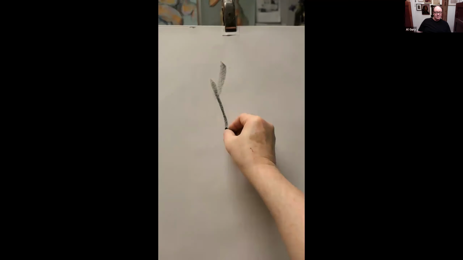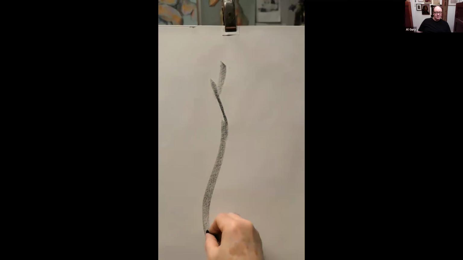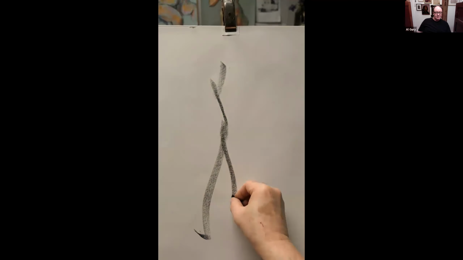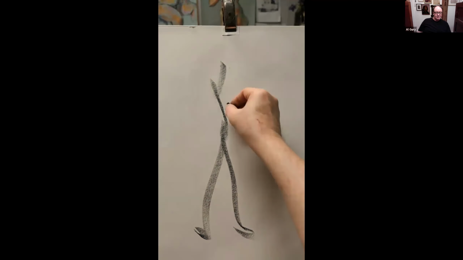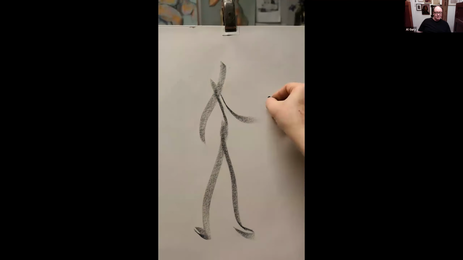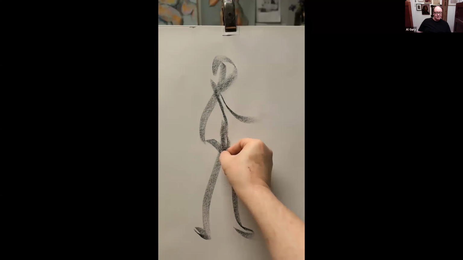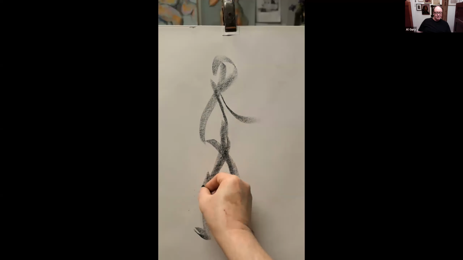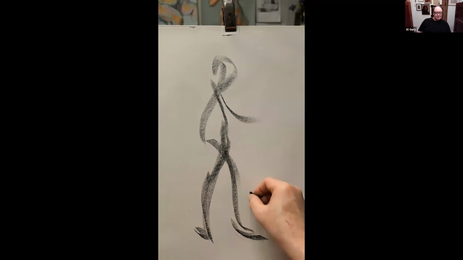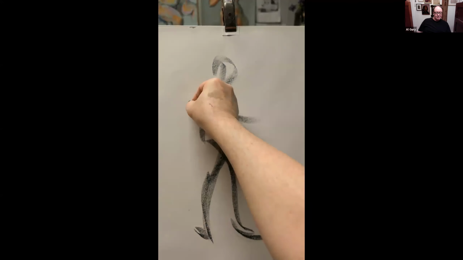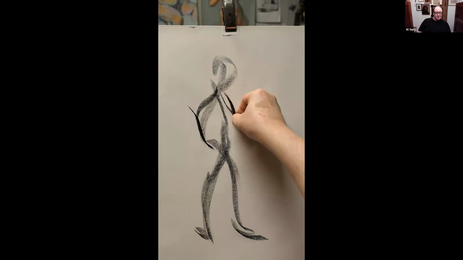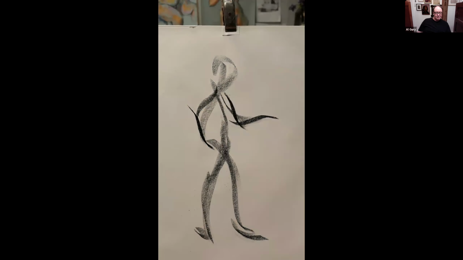If we take a look at the gesture of a figure, the legs carry the gesture, just as the arms do, and in this simple kind of moving stick figure, we can see how the legs are moving backwards, forwards, and backwards, down and forward, just as the arm is moving backwards, down and forward, up and forward, and always in an S curve.